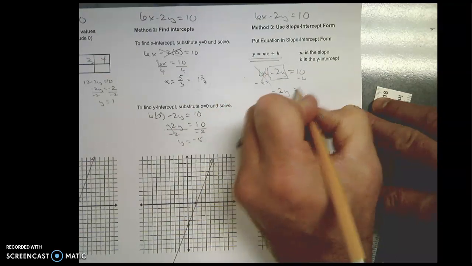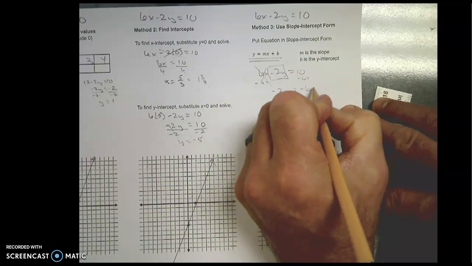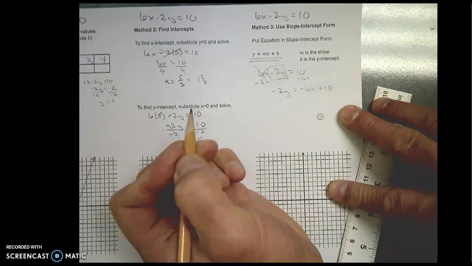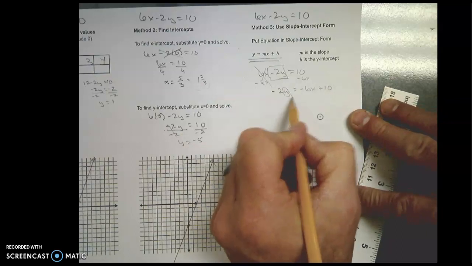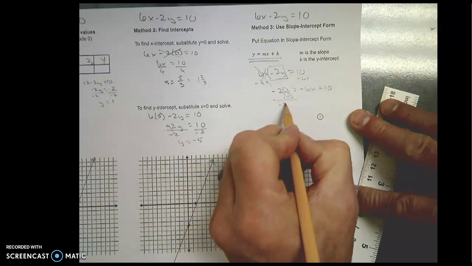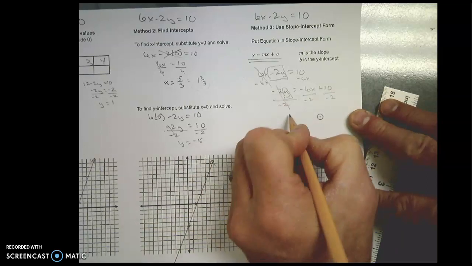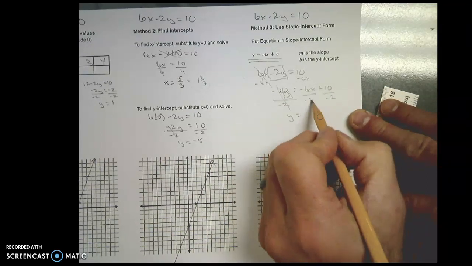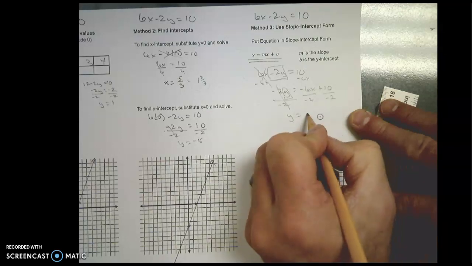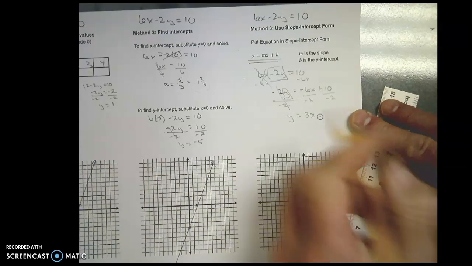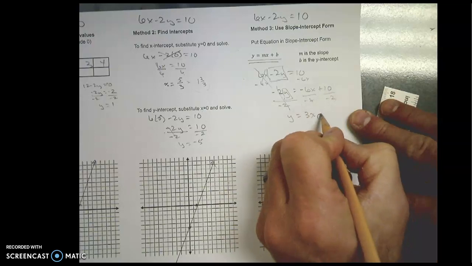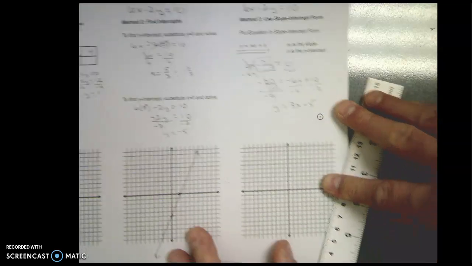That falls off. So I am going to be left with negative 6x plus 10. Now I'm going to get the y by itself here. I'm going to divide the whole thing by negative 2. I get y equals, now negative 6 divided by negative 2 is 3, so I have 3x. 10 divided by negative 2 is negative 5.